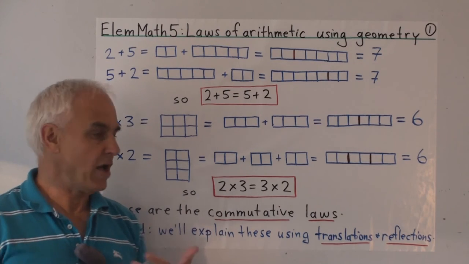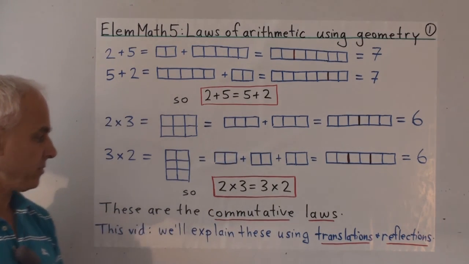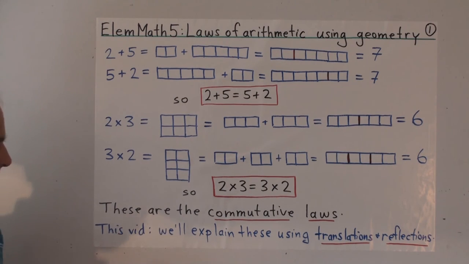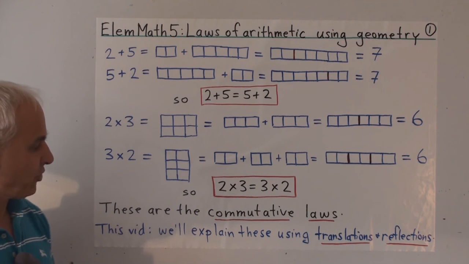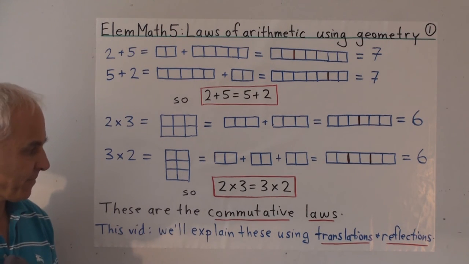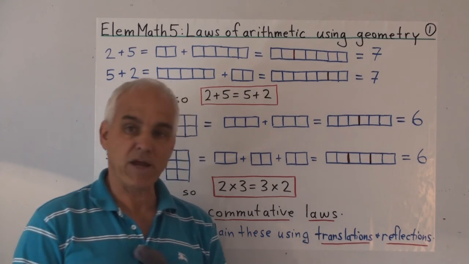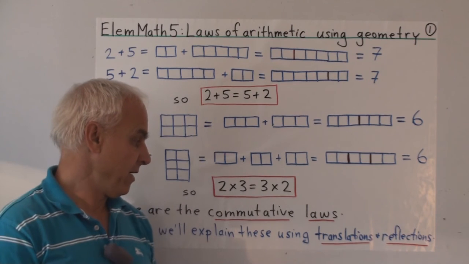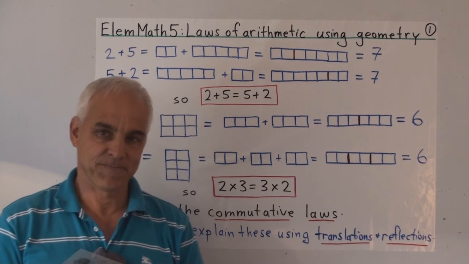So these are general laws that apply no matter what the 2 numbers involved are. And today we want to think about why these laws are true by explaining them in a geometrical context. In particular, we want to introduce 2 very nice operations or transformations of the plane, the translations and the reflections.